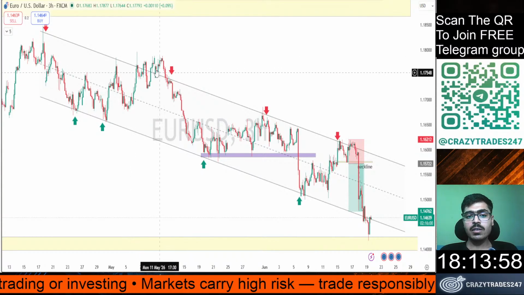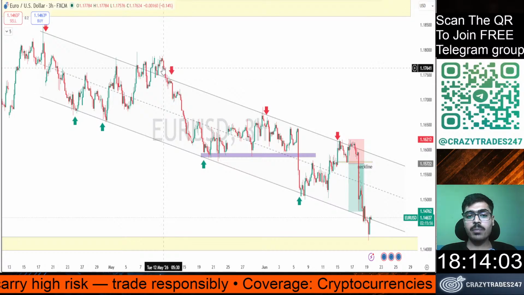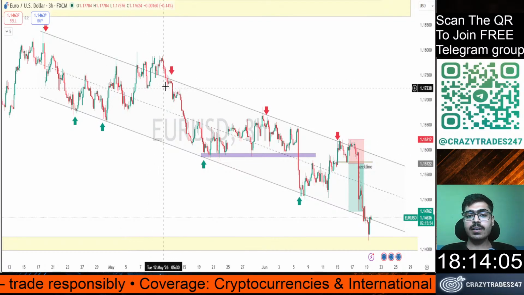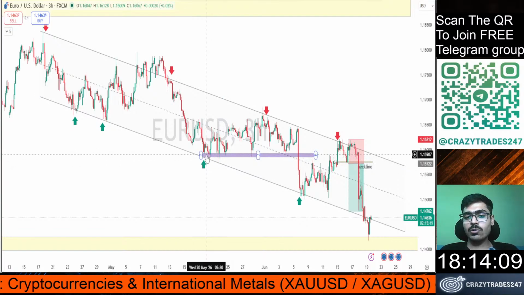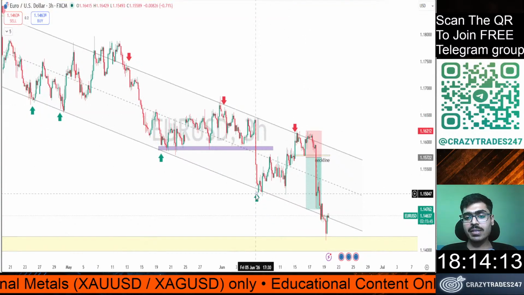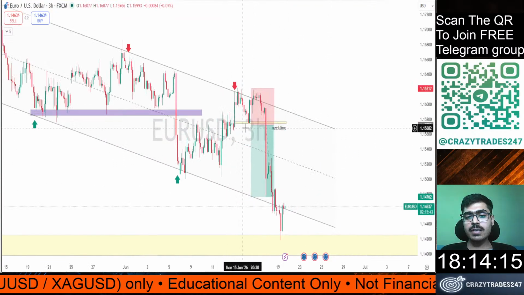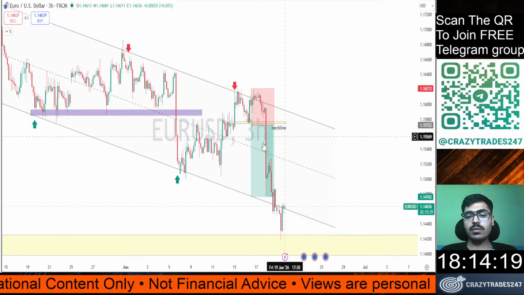This was the time when price gave a breakout below the top formation, and it continued its move till it retested the lower boundary. So this is a repeated phenomenon, and that's what we tracked, and we took a short entry at this very level when price broke below the top formation.